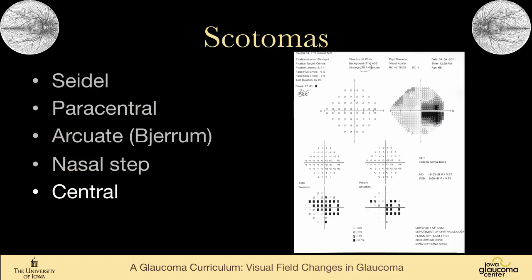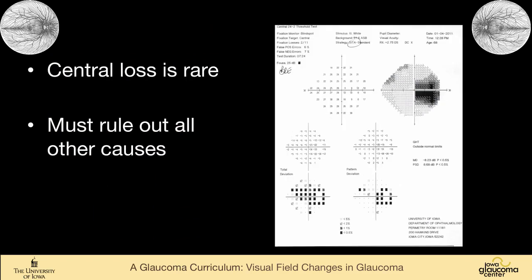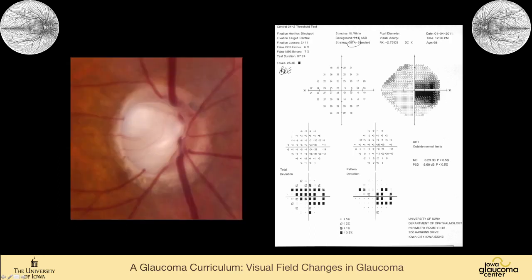Central loss is possible in glaucoma, but it's very uncommon. And you really need to rule out everything else before you can say that someone has central loss caused by glaucoma. But certainly you can see it, and it does fit the nerve fiber layer pattern right in here if the patient lost temporal optic nerve.